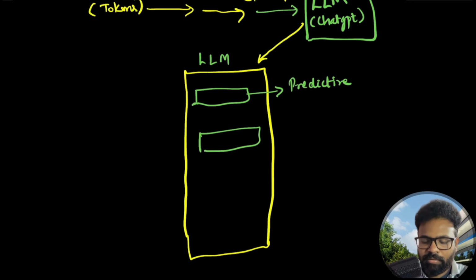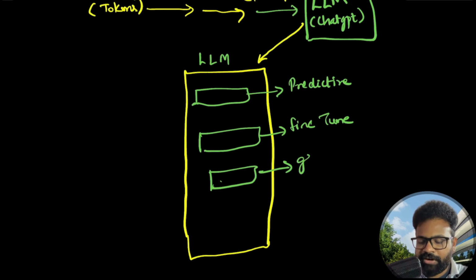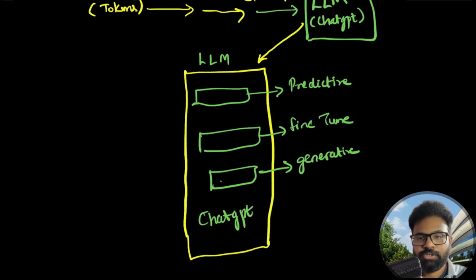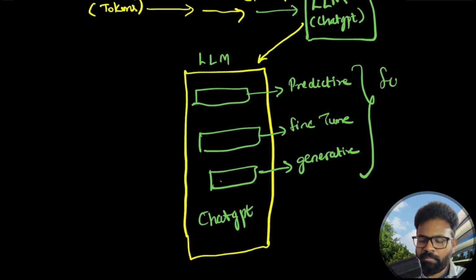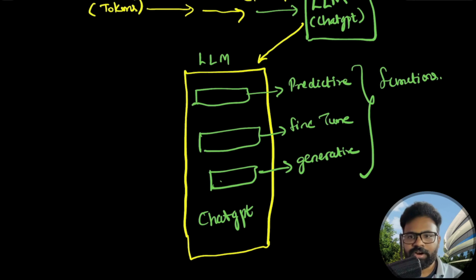Second, fine-tune. And third, generative. These are the main functions performed by ChatGPT, and how it categorizes each query or prompt.